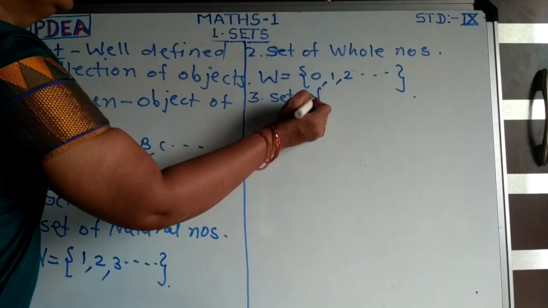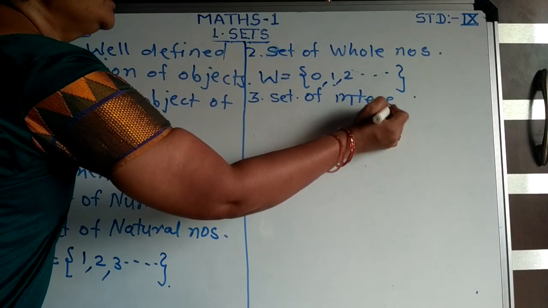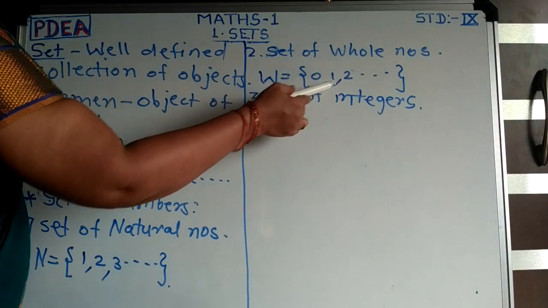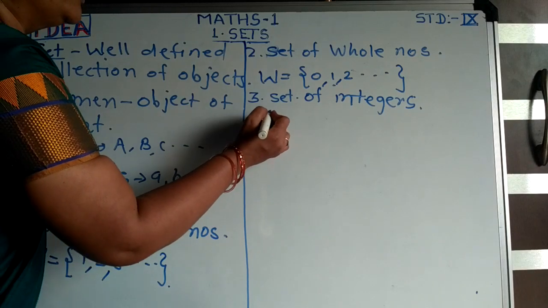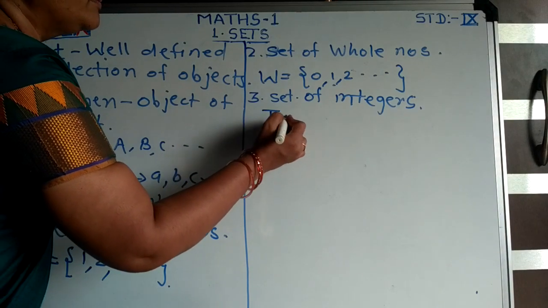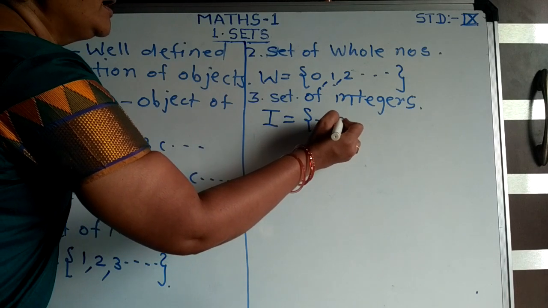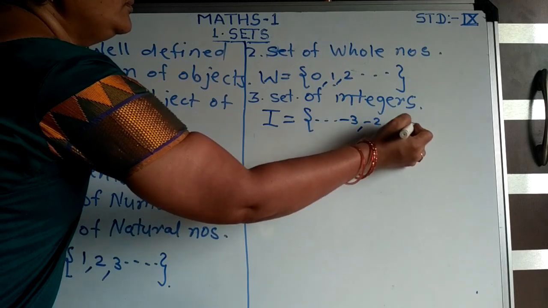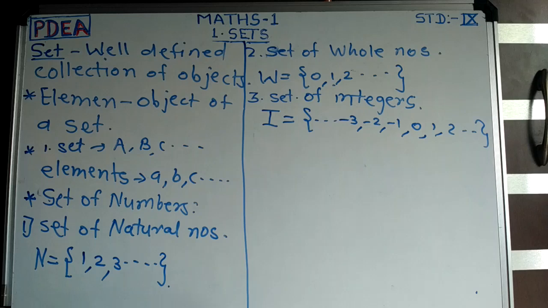What is the difference between them? Here are 0 and positive numbers. The set of integers includes negative numbers. Hence, it is denoted by I and is equal to negative numbers, 0 and positive numbers.